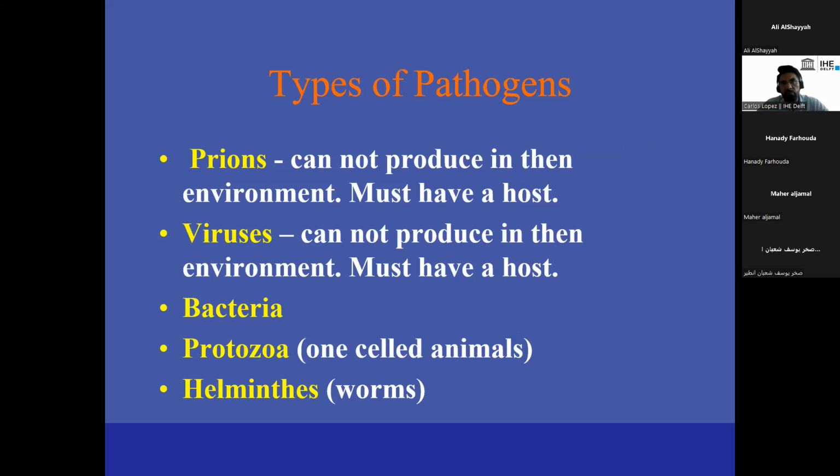From that perspective, we can split them based mostly on their physiology or nature. We can split them into about 5 different types of pathogens. The first ones are called prions. They cannot reproduce in the environment. They need to infect certain bacteria or other organisms, the same as the viruses.